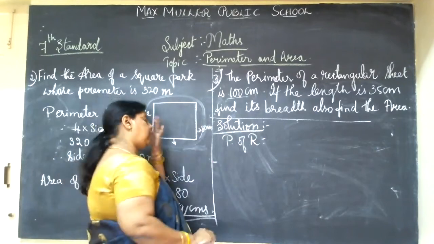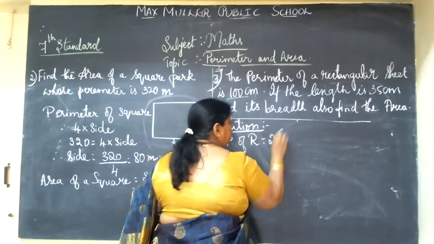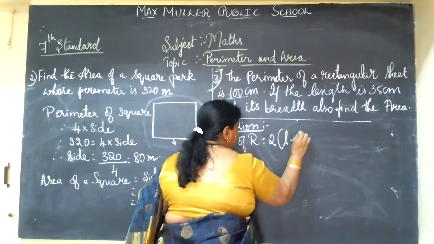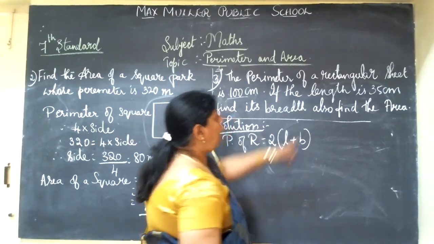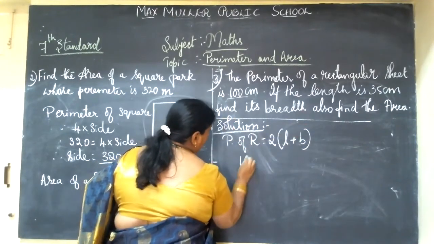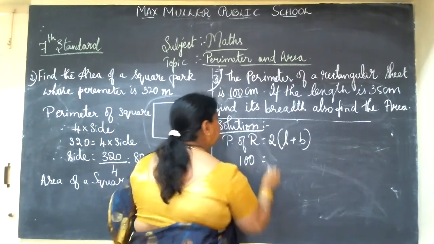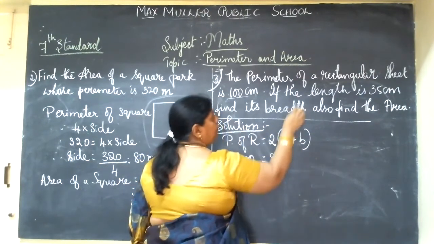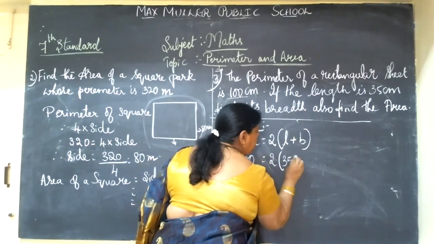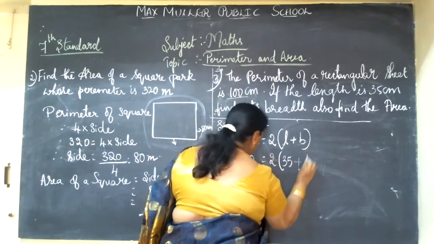Perimeter of a rectangle is equal to 2 into (L plus B). Now you have the length, and the perimeter also you have. 100 is equal to 2 into (length 35 plus B). We don't know B.